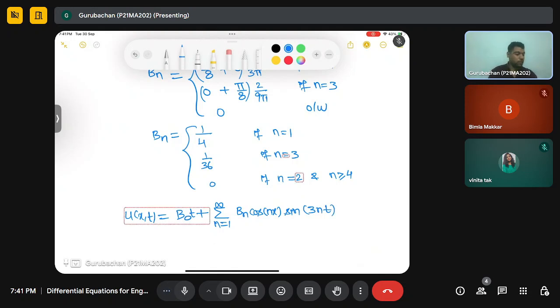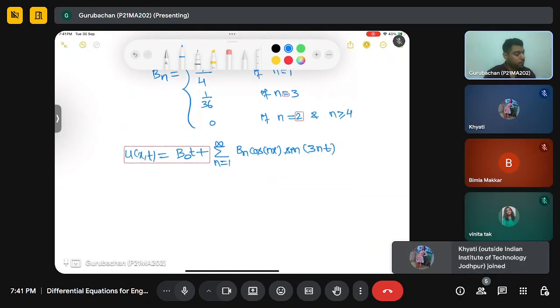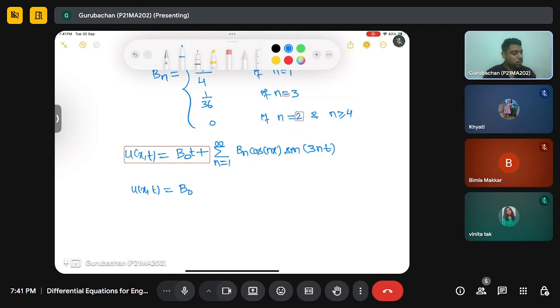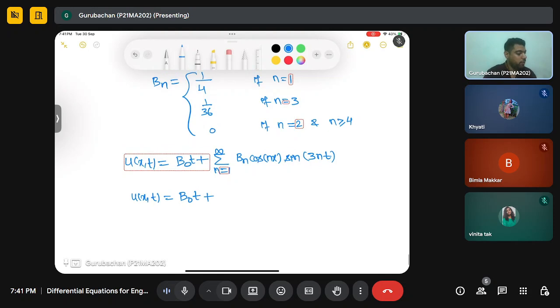So from here, since it is like this, your u(x,t) will be b naught t plus b1 is 1 by 4, so this will be cos nx sin 3nt divided by 4 plus cos nx sin 3nt.